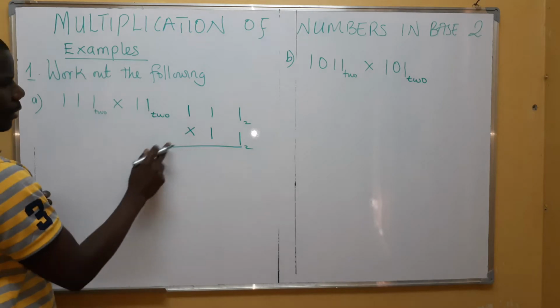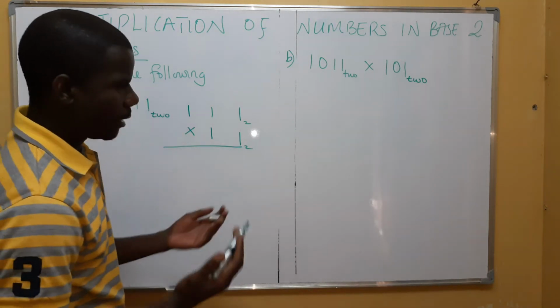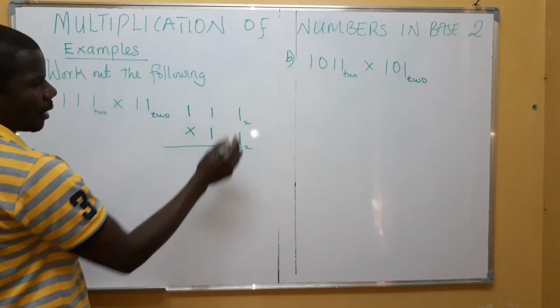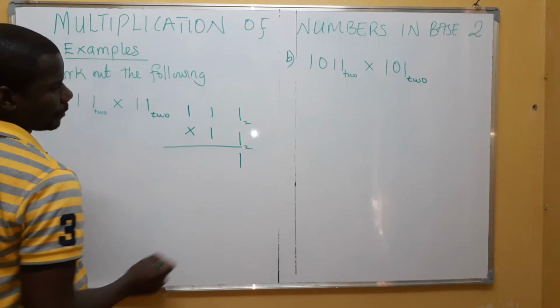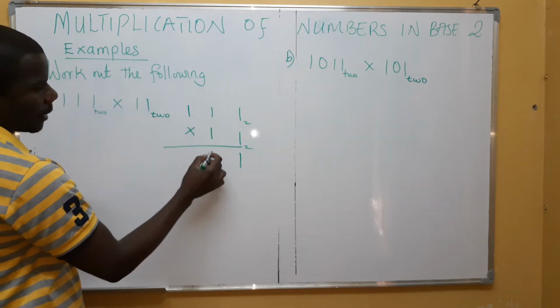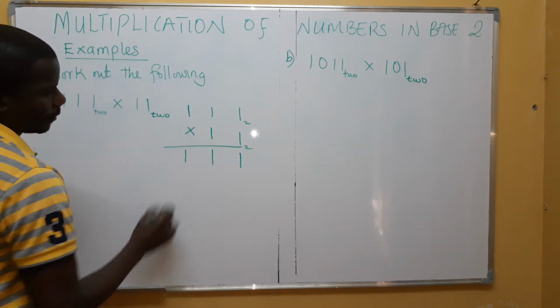We need to multiply just the way we multiply numbers that are in base 10. It's the same thing. 1 multiplied by 1, we're going to get 1. 1 multiplied by 1, we'll get another 1. 1 multiplied by 1, we're going to get 1.